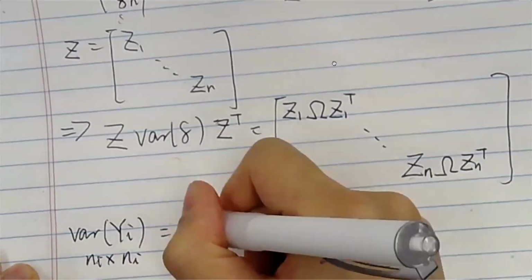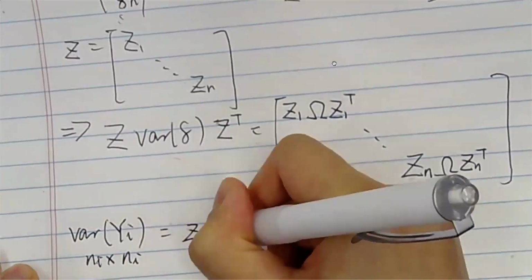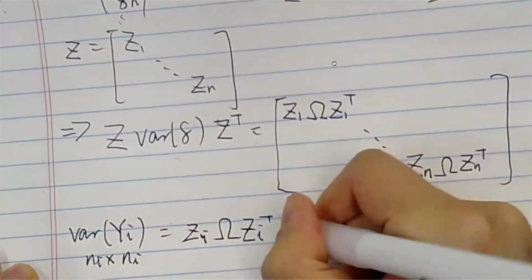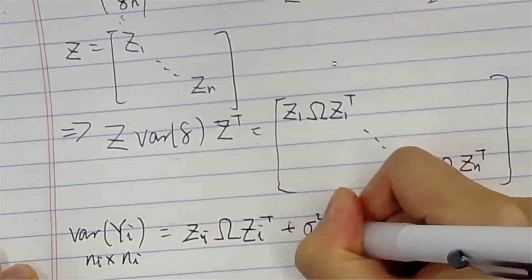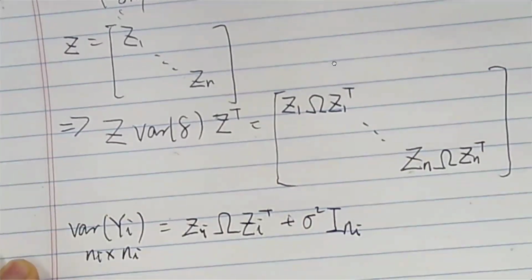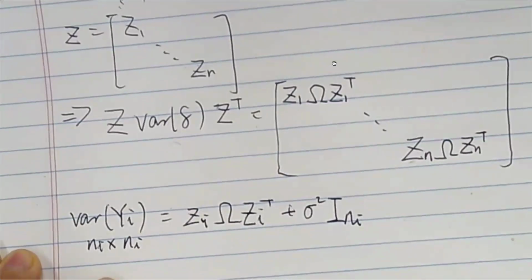It's just Zi omega Zi transpose plus sigma square identity, Ni dimensional for each group. That's the variance covariance matrix.